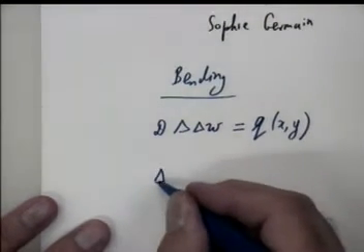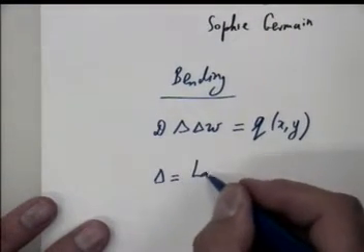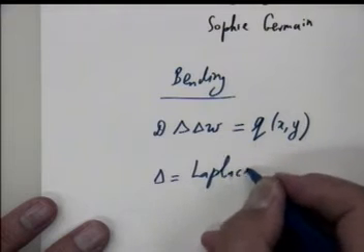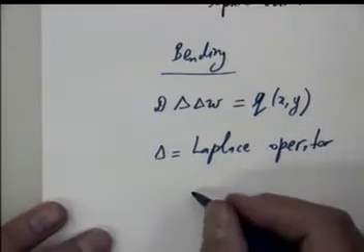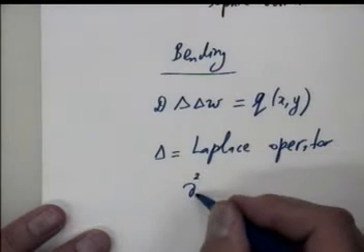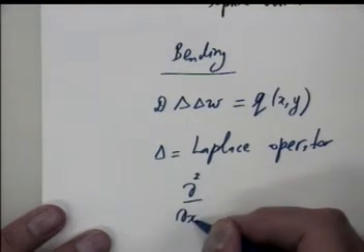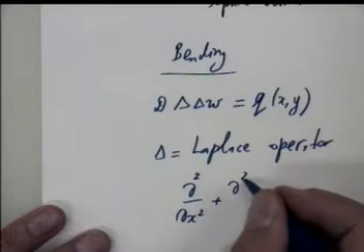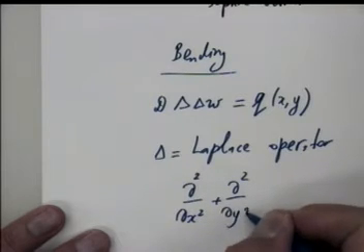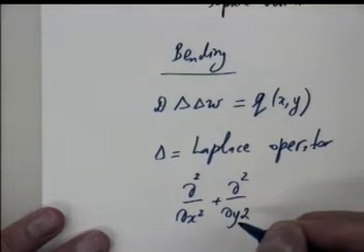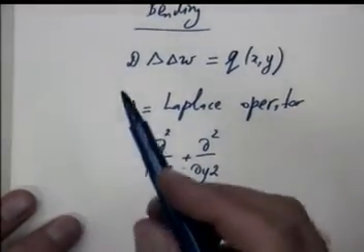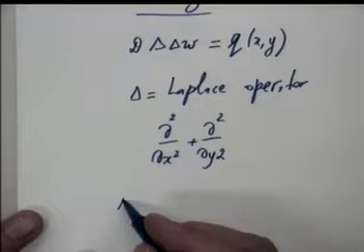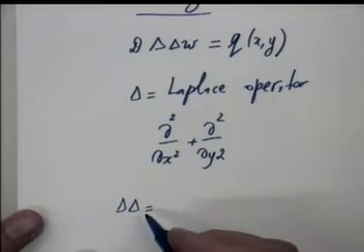Now what is del? That is a Laplace operator. And that is d2 dx squared plus d2 dy squared. Now we can write down it better. Del del equals what?